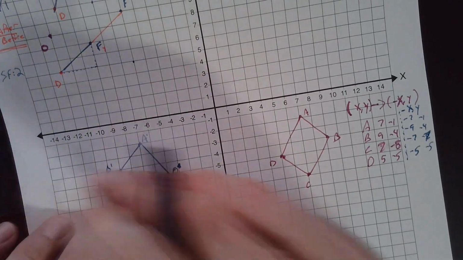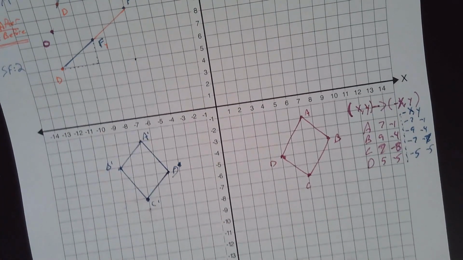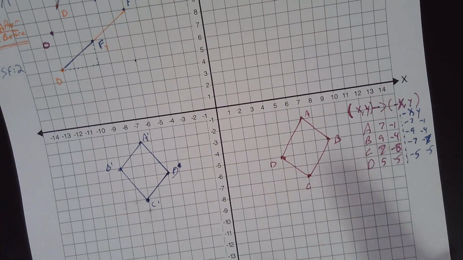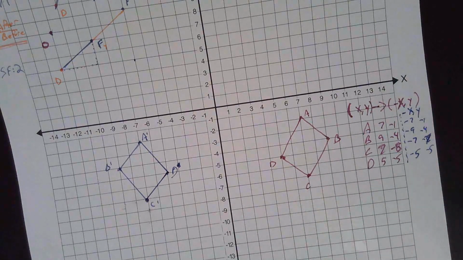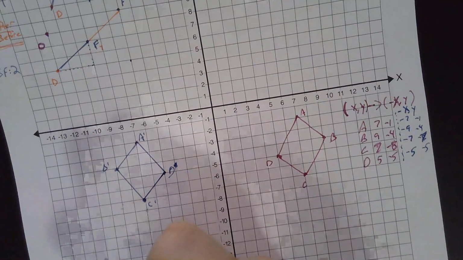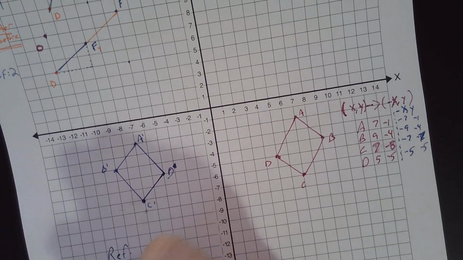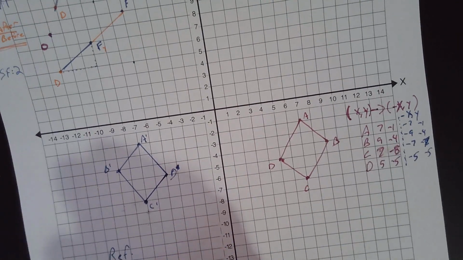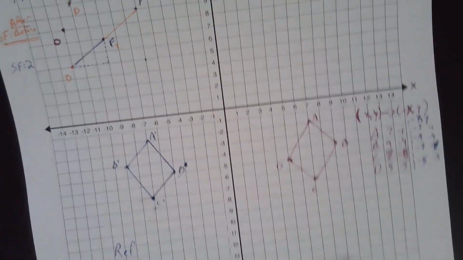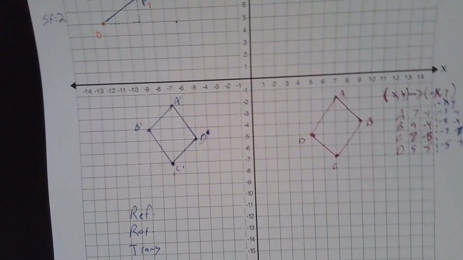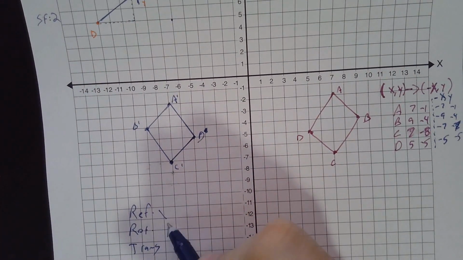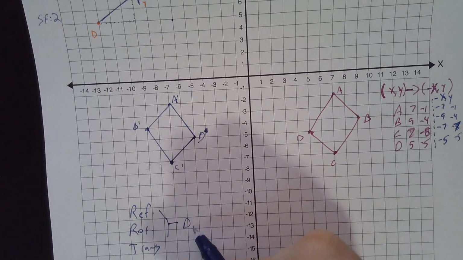Did they stay the same during this transformation? The answer is yes, because this was a rigid motion. What are my three types of rigid motions? A reflection, a rotation, and a translation. Those are the three types of rigid motions. As long as the transformation is one of those three, distances are preserved.